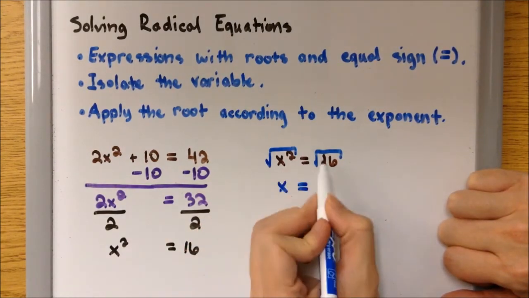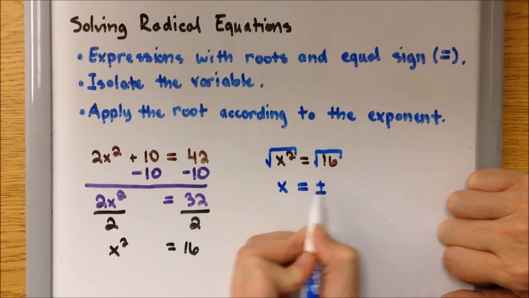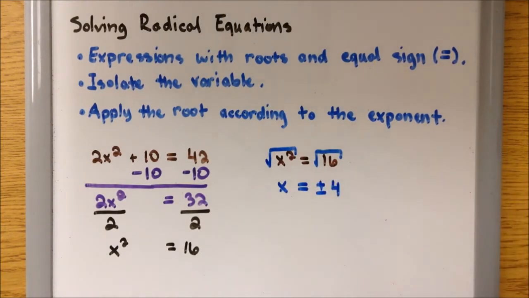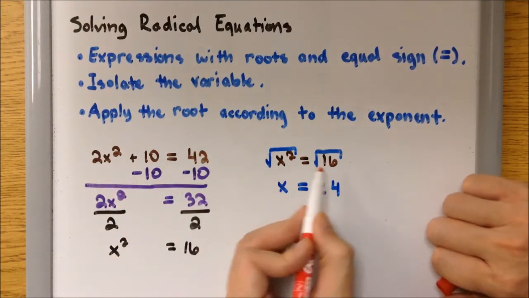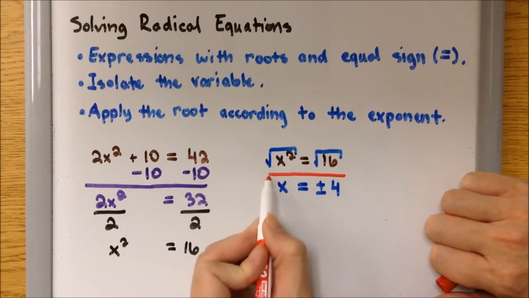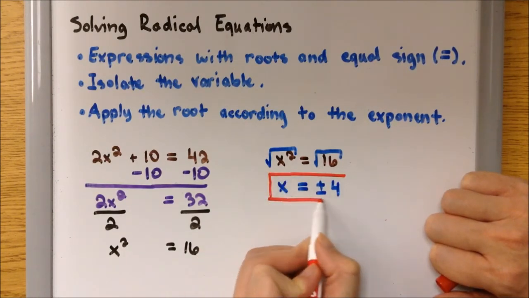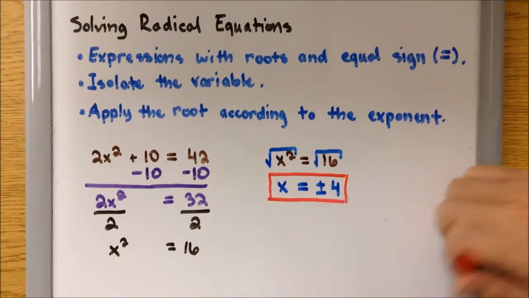And again, the square root of 16 is positive and negative 4. If you want to check if your solution is correct, just plug positive 4 into x and negative 4 into x. Our final answer for example 2 is x equals positive and negative 4.